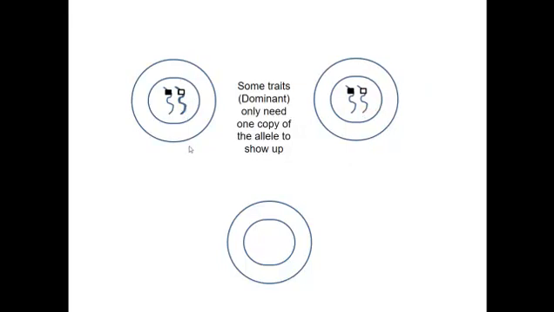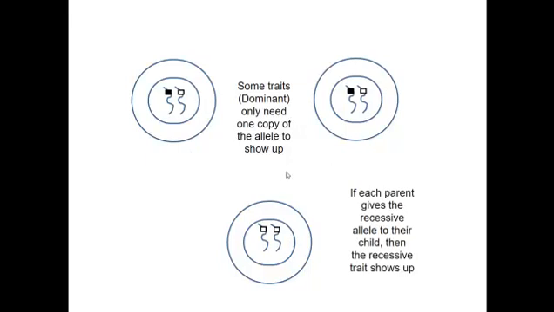And they could give that non-functional allele to their child. All of a sudden now, if each parent gives one of these recessive non-functional alleles to their child, this recessive trait, albino, that wasn't in either parent, can show up in the offspring.